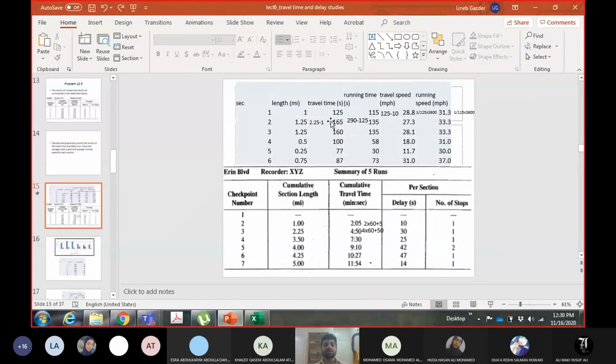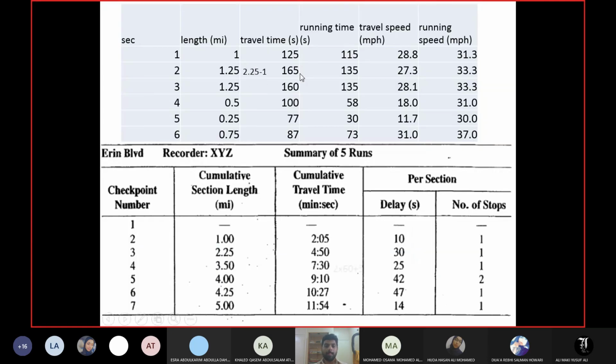What is the travel time for section 2? It will be 290 minus 125. What is 290? The cumulative time till point 3. And what is 125? The cumulative time till point 2. So you take the difference, you will get the travel time between 2 and 3, or for section 2.